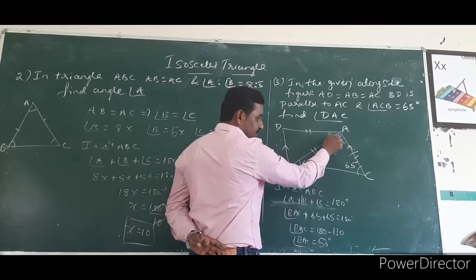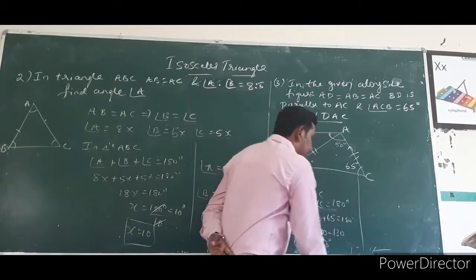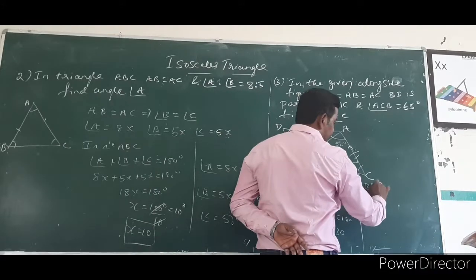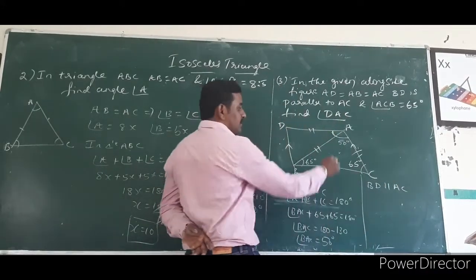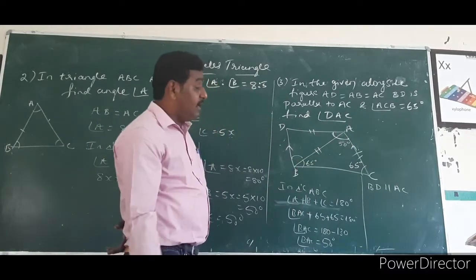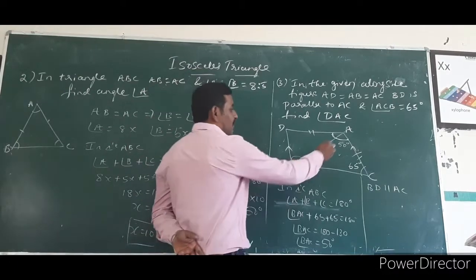I already found this angle. Now I am going to find out this angle. Here BD is parallel to AC, so this angle and this angle are equal, because they are alternate angles.